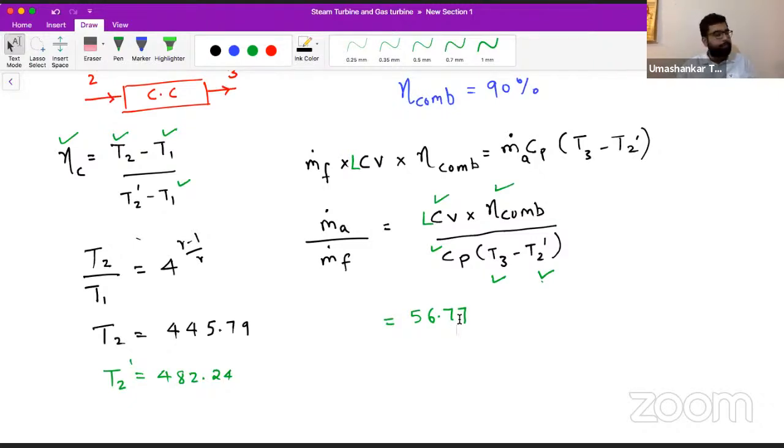Is that clear or not? Yes, Vijay is somewhat nearby this answer, 56.77. Aishwarya is getting the exact answer, 56.77.